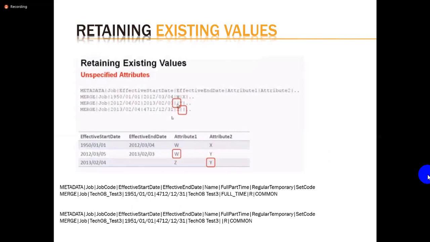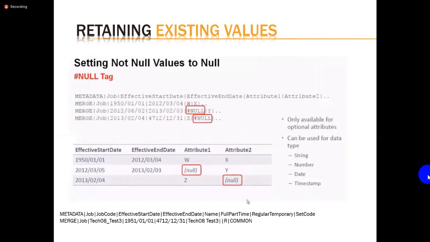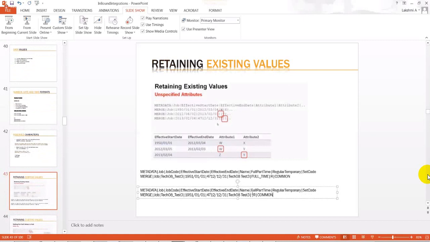I want to leave it as a blank, and I want to change attribute 2 to Y. That is my intention. Let me have this practical example. You'll understand that.